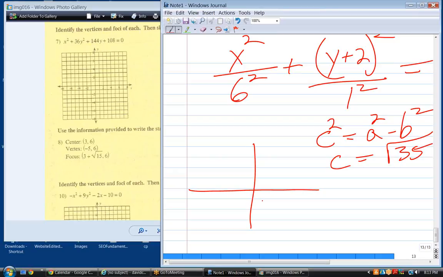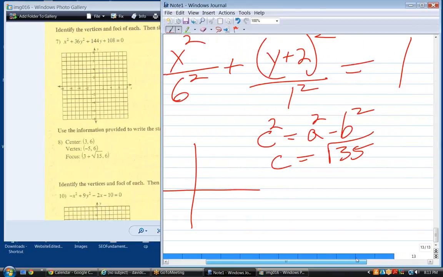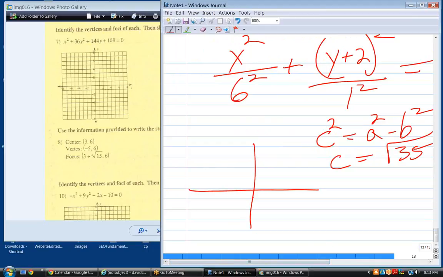What's h again? 0. And k is minus 2. So the center of my ellipse is at (0, -2), right there.